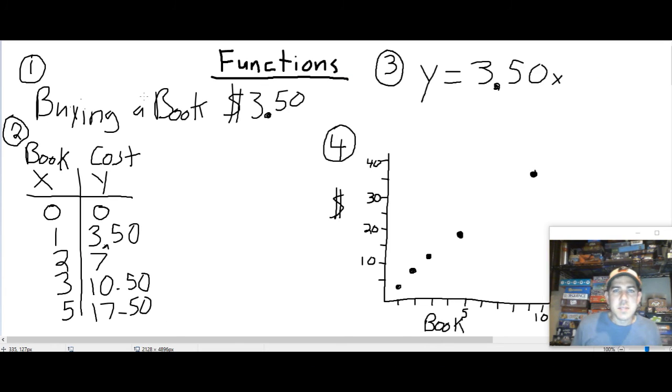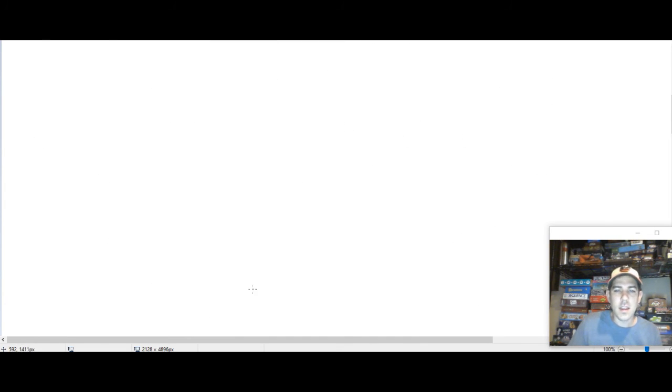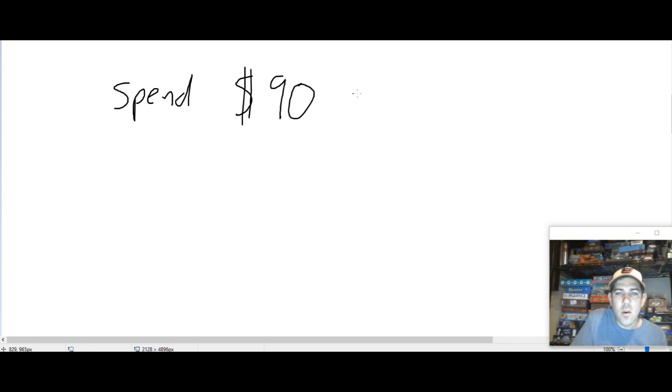Hey class, what's up? It's Mr. Bigsby with a hat, and I've got a challenge question for you. Alright, so if you understand functions and how to write an equation from a story, then write an equation for this story. I spend $90 on my phone plan every month.